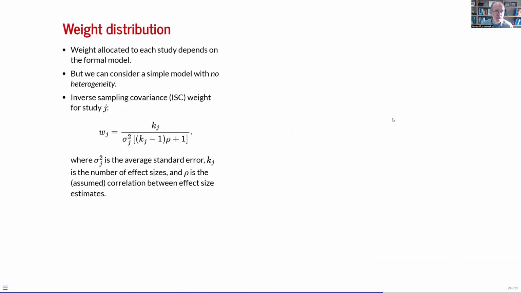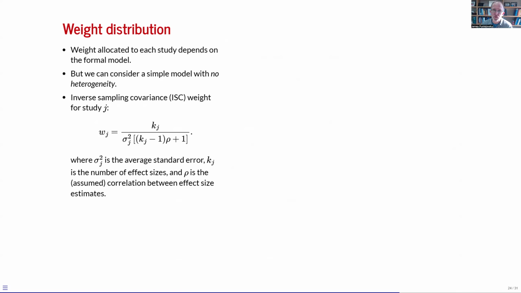The other thing we can do at this stage is look at the weight distribution. The exact weight distribution in a summary meta-analysis will depend a whole lot on what model you use, because you're going to estimate between-study variance, maybe within-study variance as well, and those variance components are going to go into the weights.